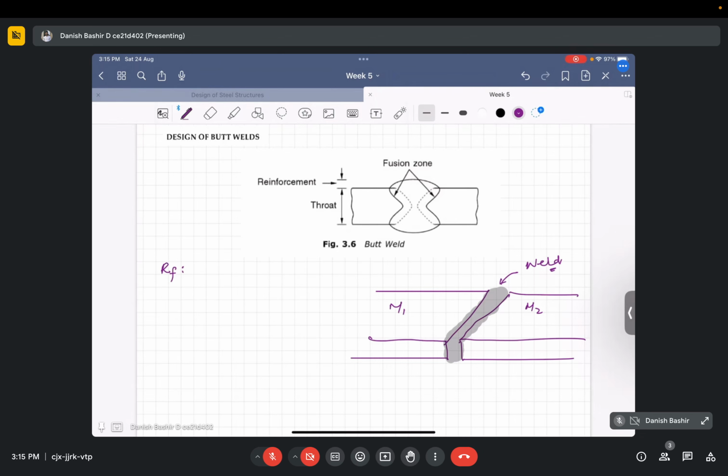It is the extra weld poured on a joint to make it 10% extra from the thickness of the welded member.